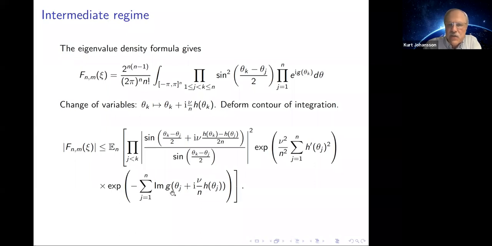And here you just introduce this change of variable into the G function and take the absolute value. So we have this bound, right? And the idea is now to choose H in a good way and try to estimate the right-hand side. So nu here is some parameter that we can play with, right? To choose it appropriately so that we, in the end, get a good bound. So that's a freedom that we have. We can choose H and we can choose nu, right?